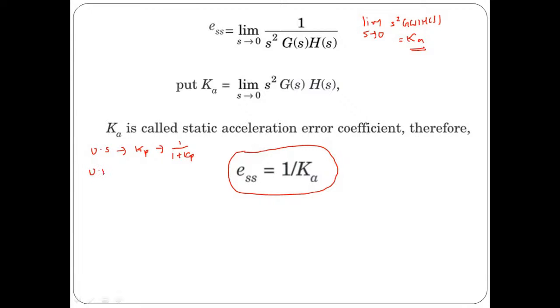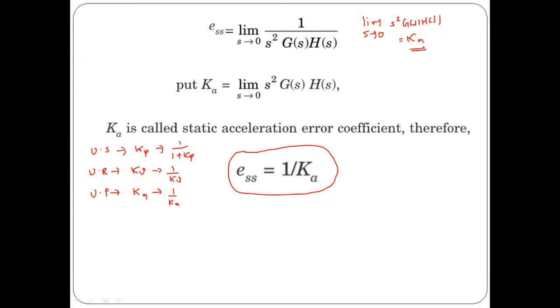If you have unit ramp, we have velocity error coefficient, and the expression to calculate steady state error is 1 upon Kv. And suppose you have unit parabolic, we have Ka, acceleration error coefficient, and the value of steady state error is 1 upon Ka.